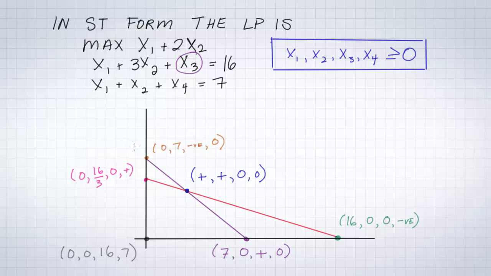I don't have to actually be able to identify all the positive and negative numbers. All we're doing here is just keeping track of what the nature of the point is.